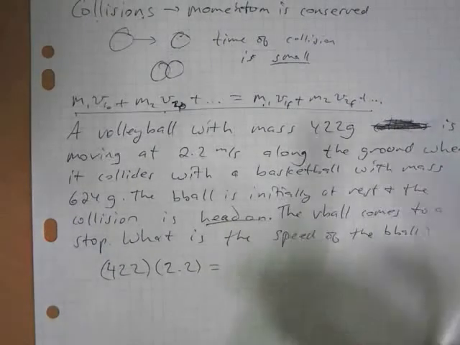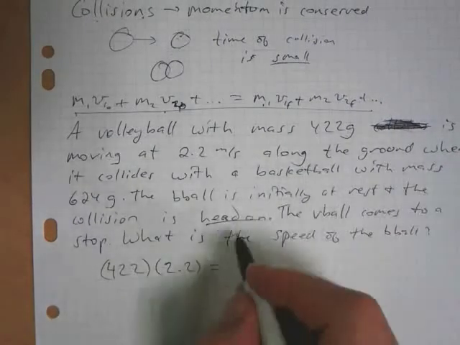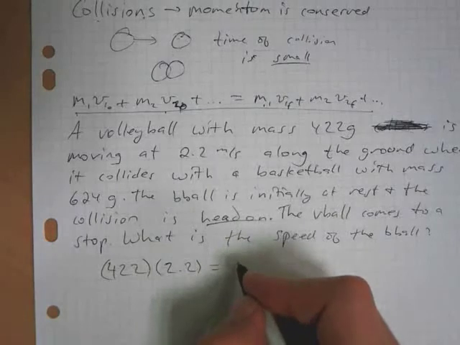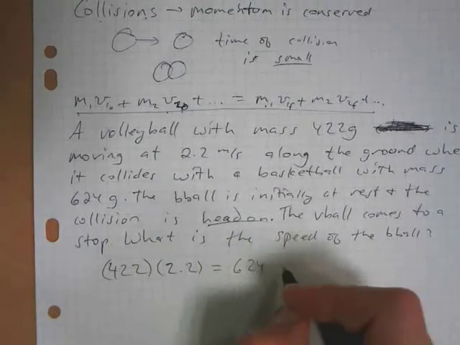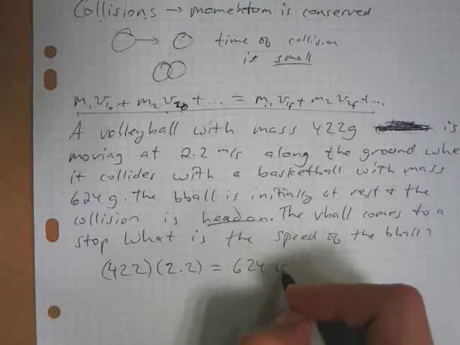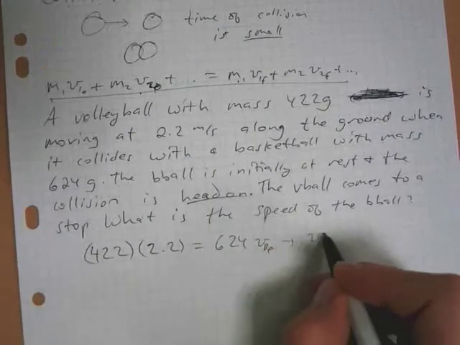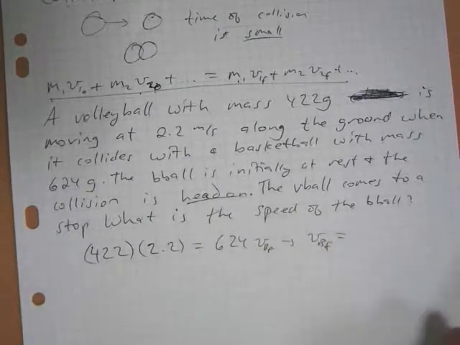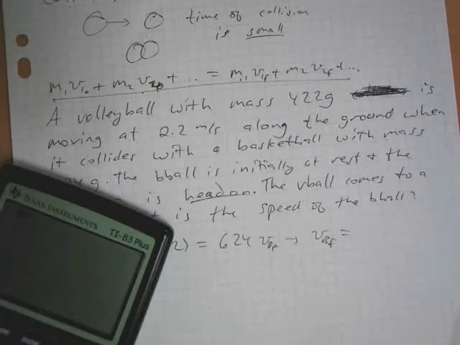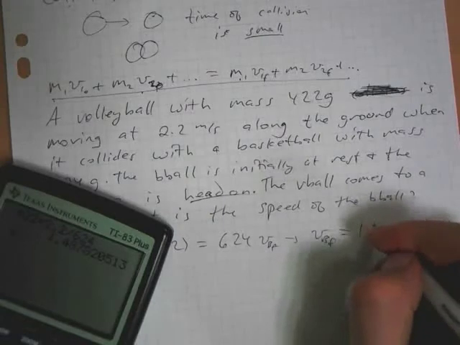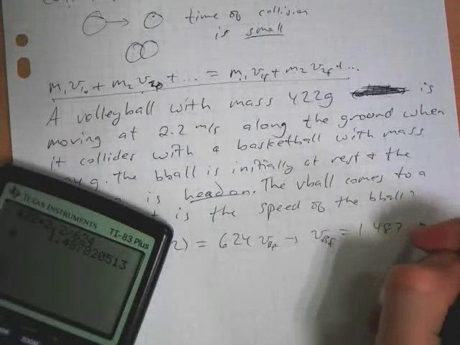And so we have a basketball with its mass of 624 grams, and it goes off at whatever the final velocity of the basketball is. So you can figure out that the final velocity of the basketball is 422 times 2.2 divided by 624. So the final velocity of the basketball is 1.487 meters per second.